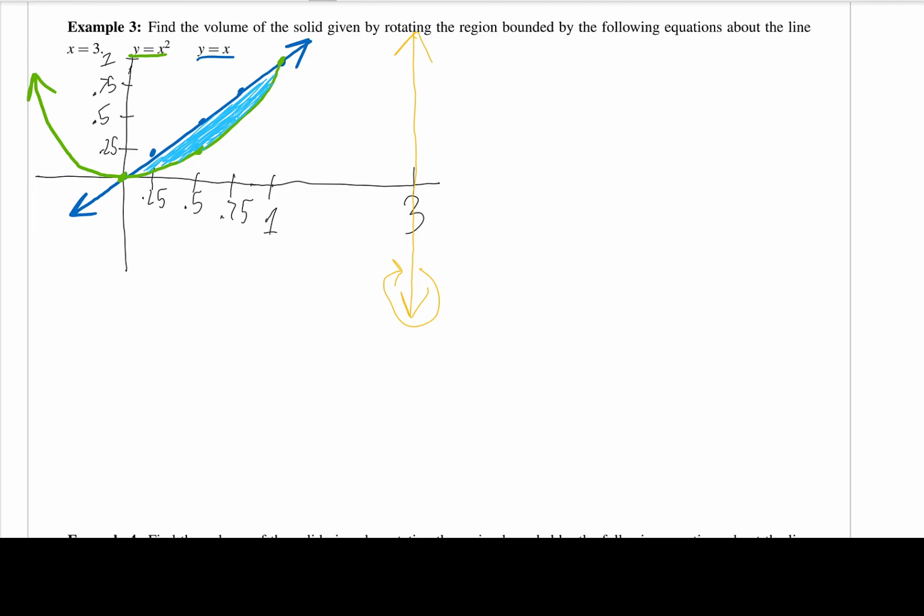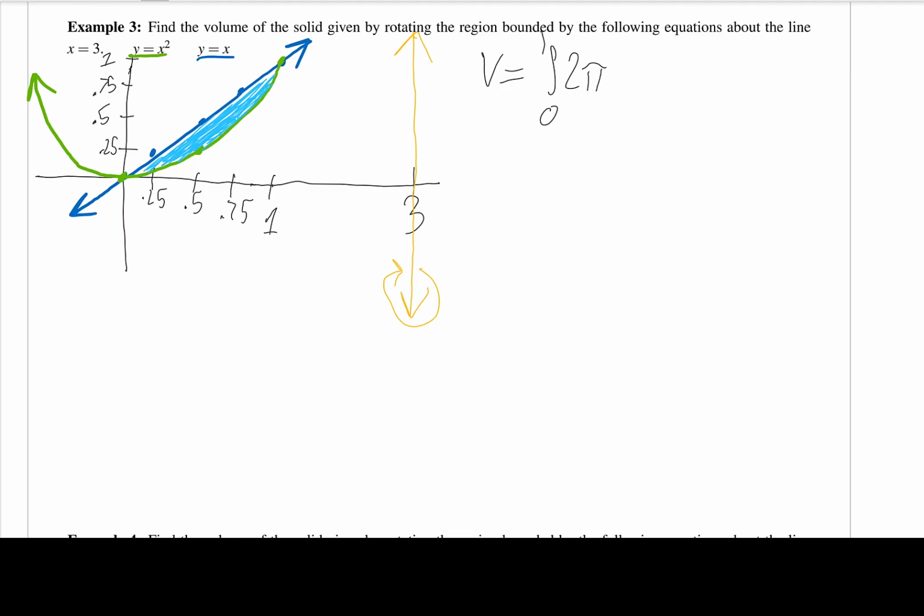And so again, since we're rotating about a vertical line, and we're going to do a cylindrical shell method, our formula should look like v equals the integral from the left bound to the right bound, so 0 to 1, of 2 pi times the absolute value of x minus c.